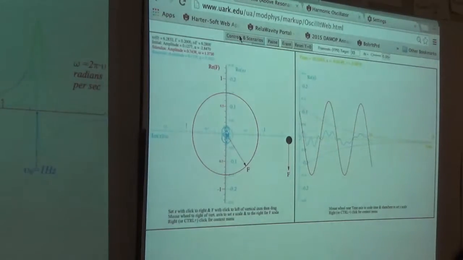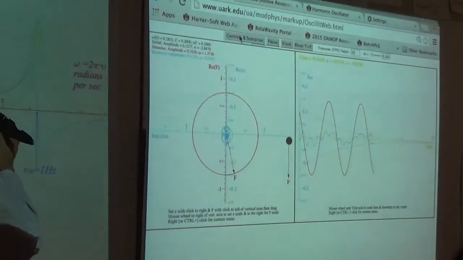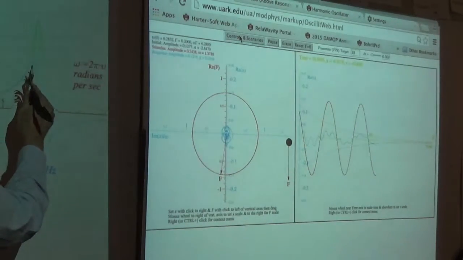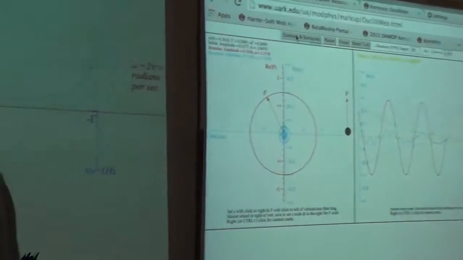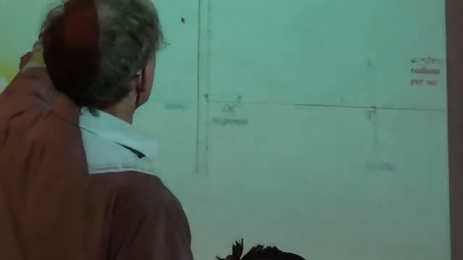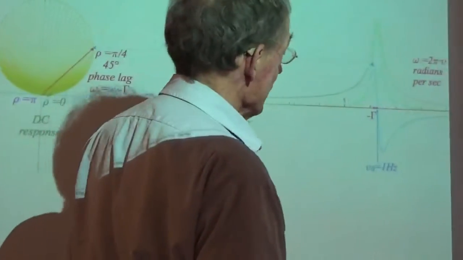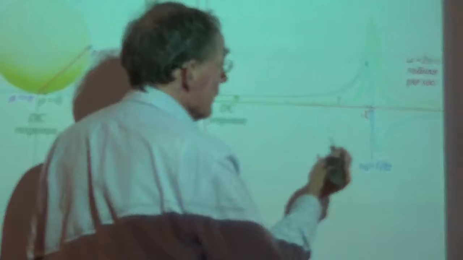Okay. So what I want to do is walk up here a little bit, and in particular, the next one I want to look at is when I am within gamma of the resonance frequency. So I'm not quite there yet.